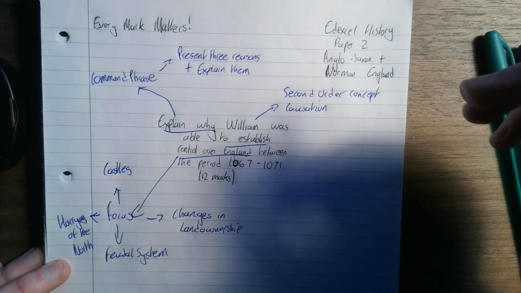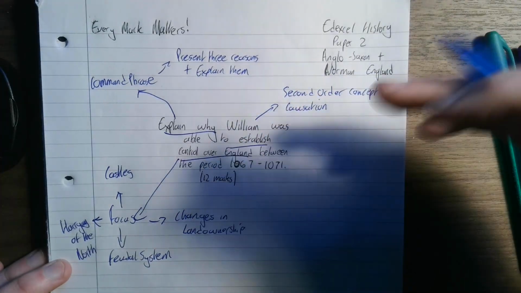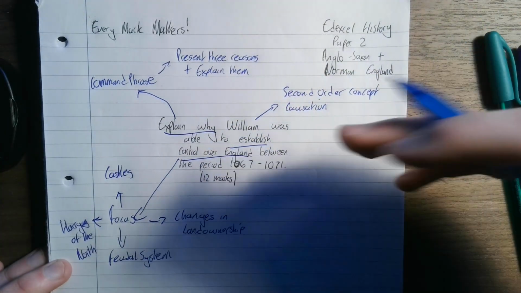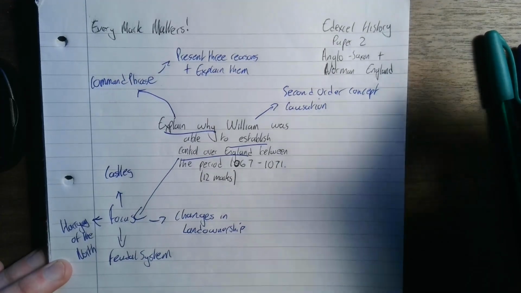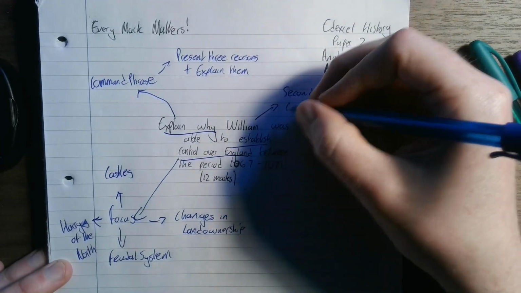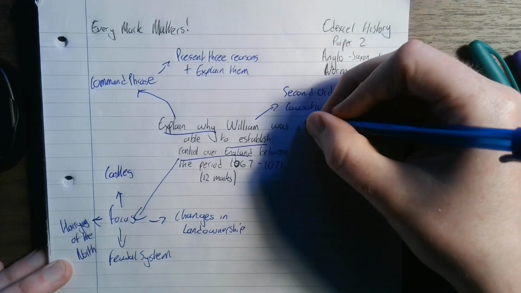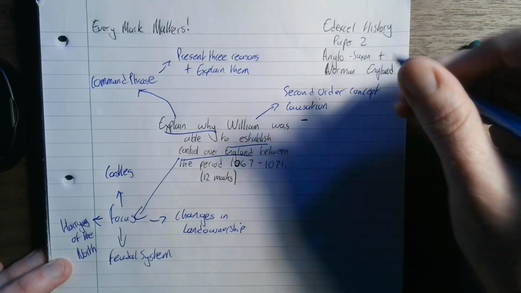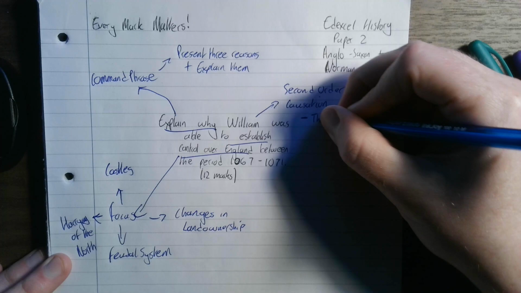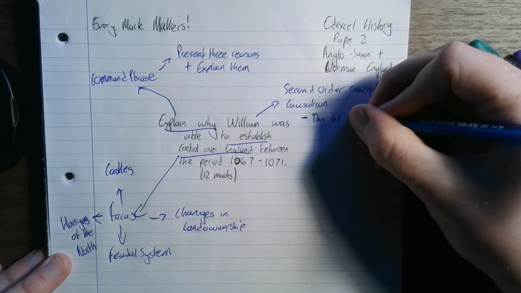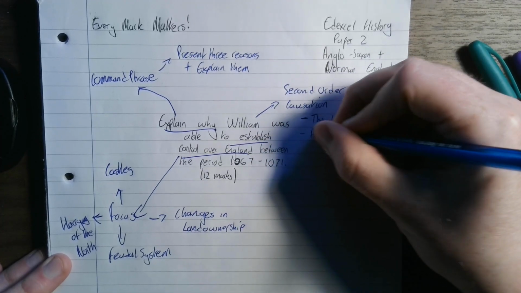I suspect it will more likely be a how far do you agree consequence question. So, famine was the main consequence of the harrying of the north. How far do you agree? But in this particular instance, we have got a lovely causation question. And because of that, we can use phrases such as, this led to, and as a result.